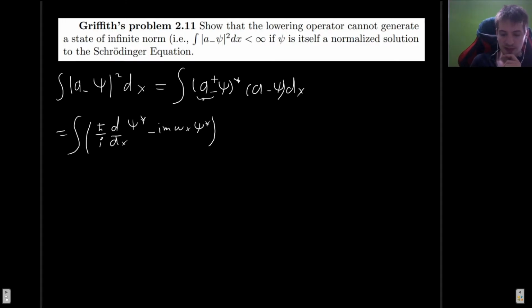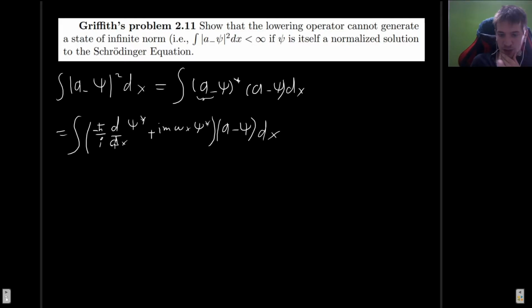Okay, so since this has to be conjugated, there should be a minus sign in here, and this minus sign should be a plus sign. Okay, so now we accounted for the fact that this A minus is now conjugated. Okay, so now we just leave the other one be.